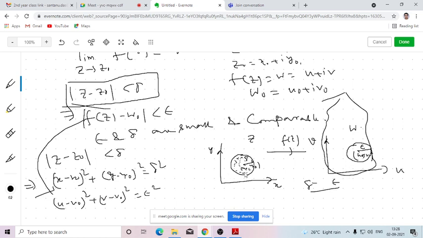If the independent variable inside that circle is mapped to another circle with center u0 v0 and very small radius epsilon, the limit exists. Otherwise, the limit doesn't exist.